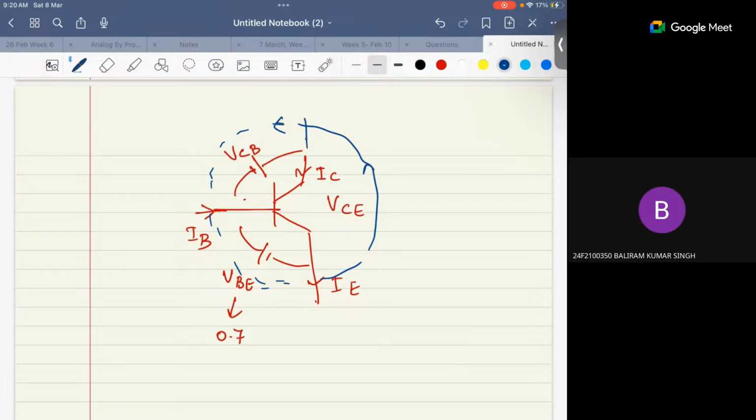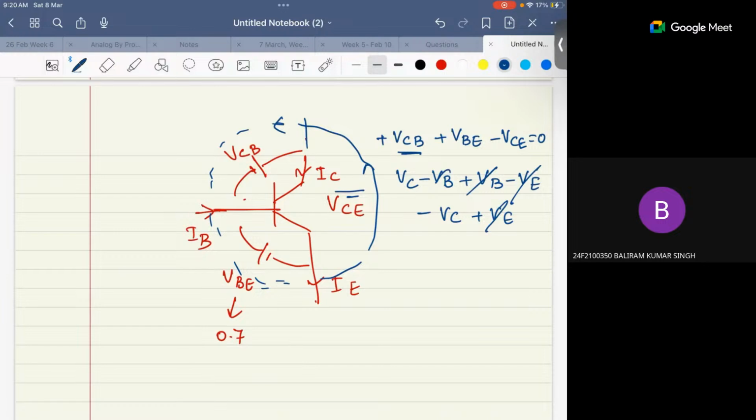This will be plus VCB plus VBE, and then again minus VCE equals 0. If you write it in terms of VC, VCB is VC minus VB, plus VB minus VE, minus VC plus VE.